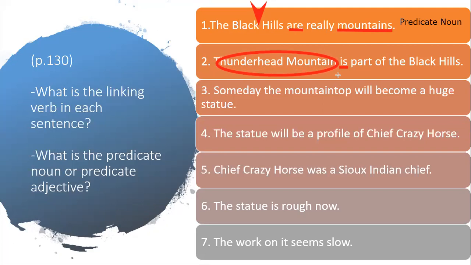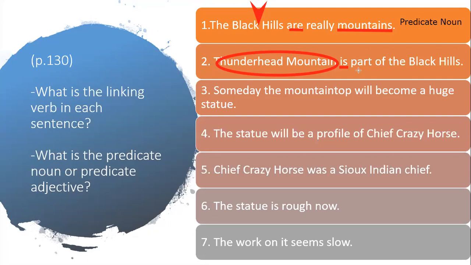Thunderhead Mountain is the subject in the sentence. So now I'm going to look in the predicate, and I'm going to see if I see a noun, pronoun, or an adjective. Is there a word in the predicate that either renames or describes the subject?